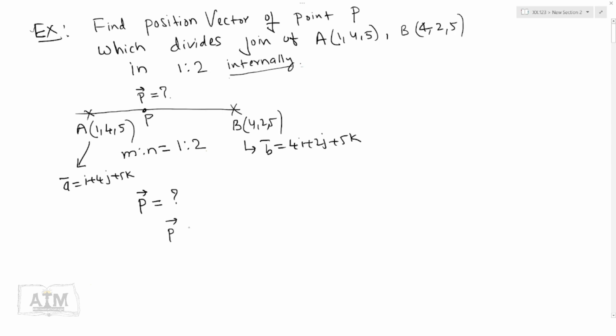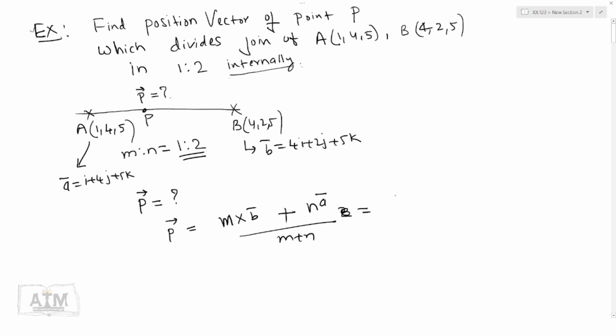That is given by the formula, with m:n equal to 1:2. Then m into the second vector, that is vector B, plus n into vector A, upon m plus n. So let me write the formula first: (mB plus nA) upon (m plus n).